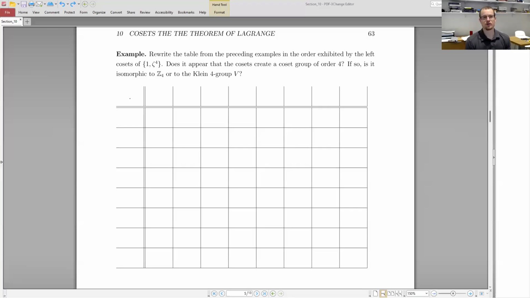I'm going to rearrange our multiplication table based on the cosets of this subgroup. So of course we have the coset of the subgroup itself, 1 and zeta to the 4th. Then we also had zeta and zeta to the 5th.